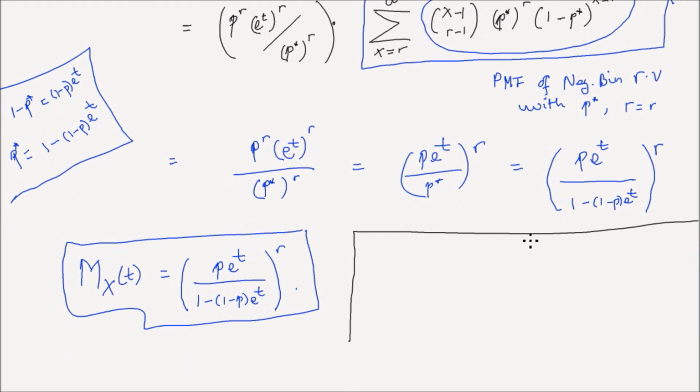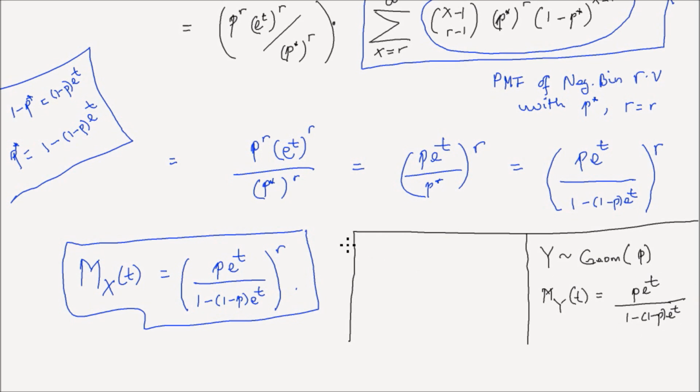I'm going to remind you of a geometric random variable Y. Let's say Y is the number of trials needed for the first success, and Y follows a geometric distribution with probability of success p. Then the MGF of Y is equal to p times e to the t divided by 1 minus p times e to the t.